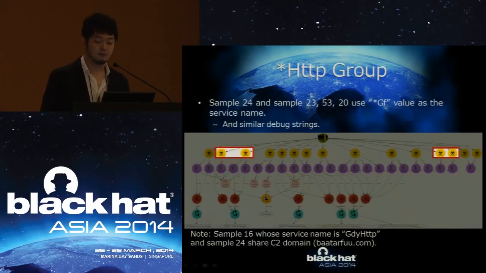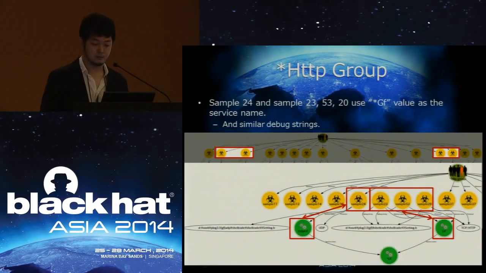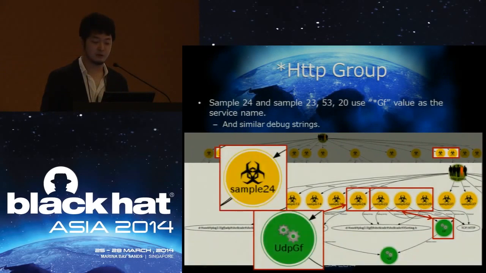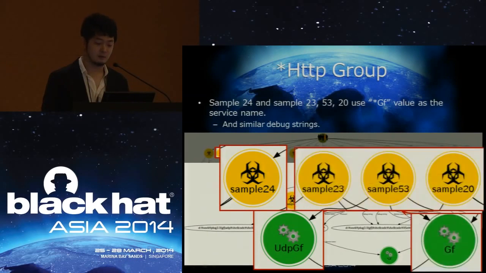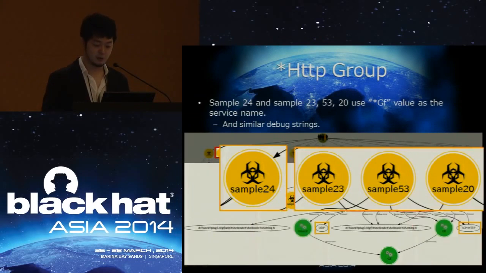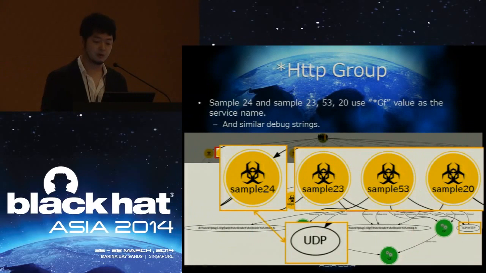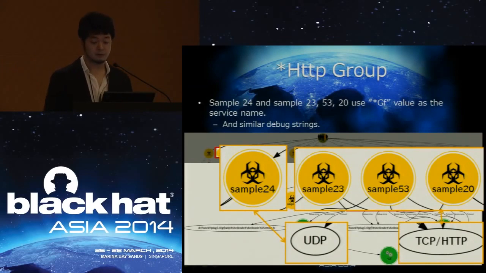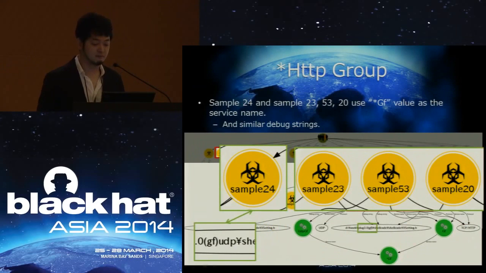Sample 24 uses a UDP-GF string as the service name, and samples 23, 53 and 20 use just a GF string as the service name. And sample 24 also uses the UDP protocol to communicate to the CNC server, and other samples use TCP and HTTP protocols. And the debug string also has a similar tendency, GF UDP and just GF.